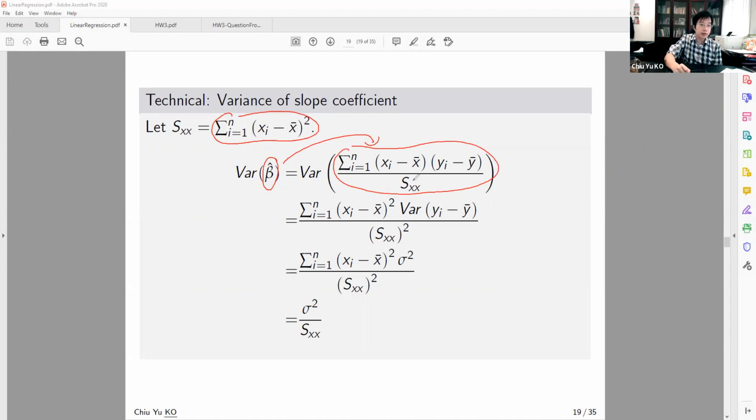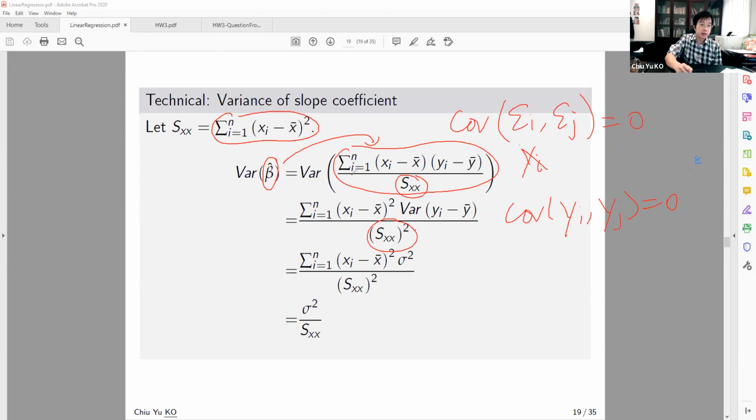And we know that this x is unrelated to y, so we can take it out by having a square. And the x are the same, you can put it out. And because, again, the yi are uncorrelated, especially epsilon i and epsilon j have covariance that is 0, okay? So it means the covariance of yi and yj is also 0, okay?